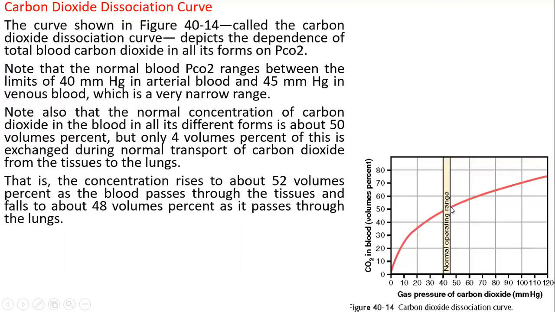هاي هي 52 لما يكون عندنا blood pass through tissues وينزل هذا بالفينس blood وينزل إلى 48 when it passes through the lungs. يعني النمبر رينج مال CO2 هو 4 فوليومز اللي هو من 48 إلى 52، وين يكون near the tissue، و48 يكون near the lungs.